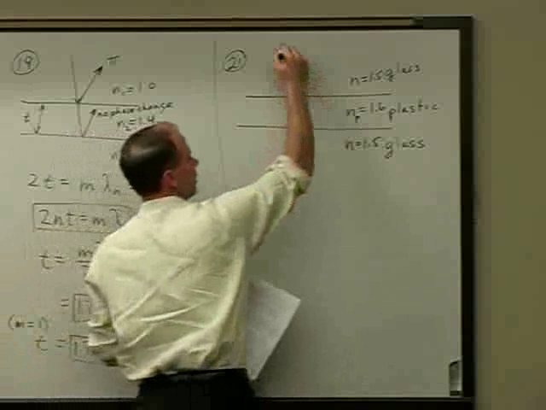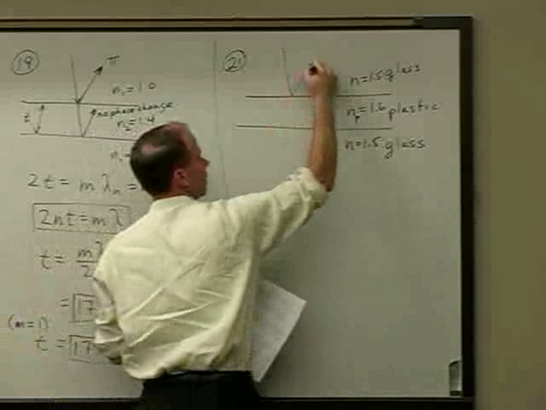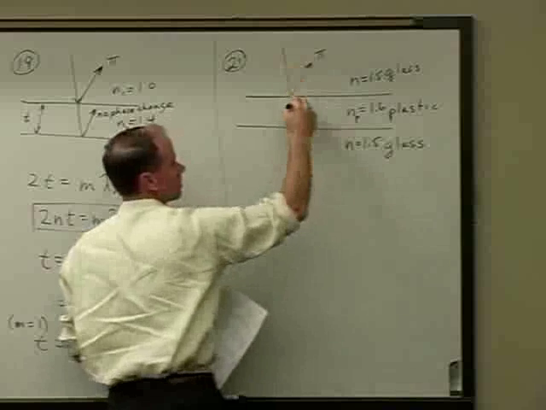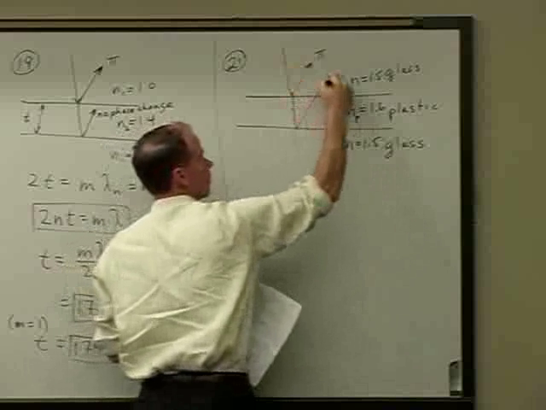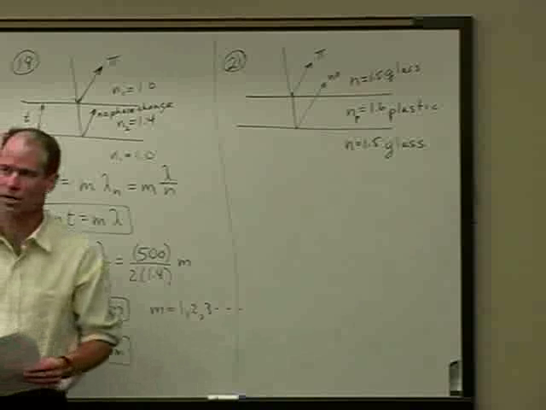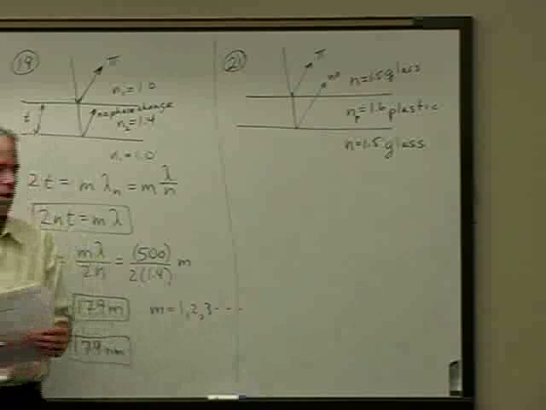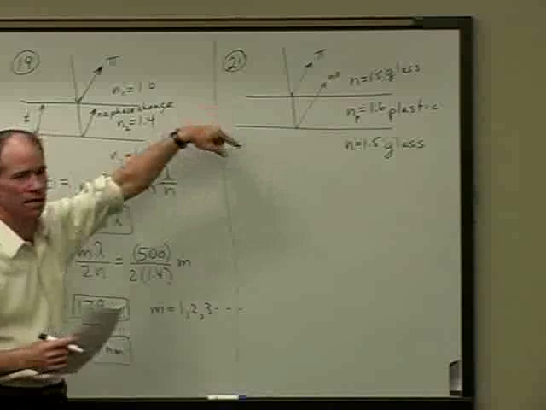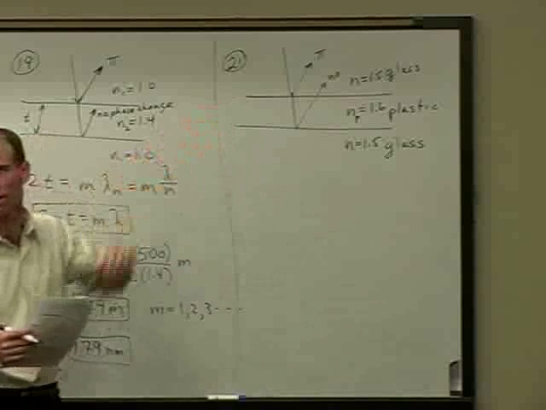So as light were to come in, we have one phase reversal on the first reflection, no phase reversal on the second. And so in order to get constructive interference, we want the path length to be an integral number of half wavelengths.